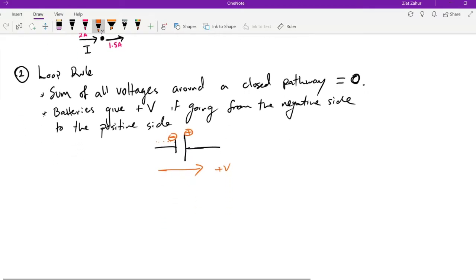Okay? But if your pathway is in the opposite direction to the battery, so if your battery is oriented the other way, like so, but you're trying to go to the right still, and we'll talk about pathways in a second. But anyway, if you're going from the positive side to the minus side, you're going to subtract the voltage of the battery.